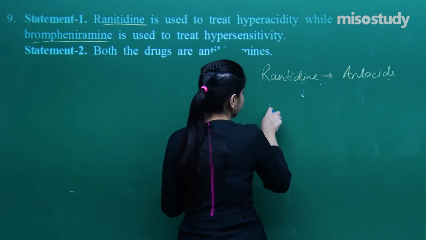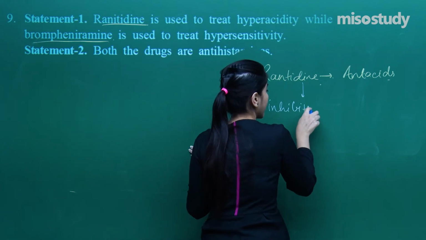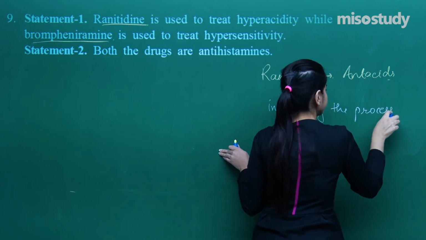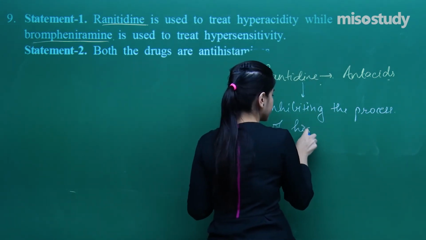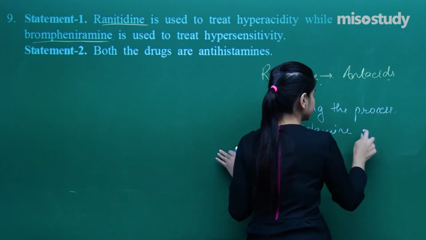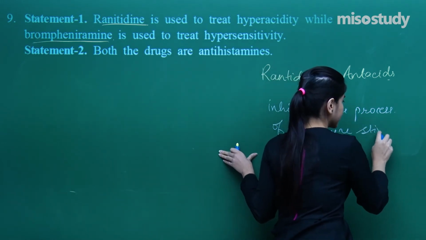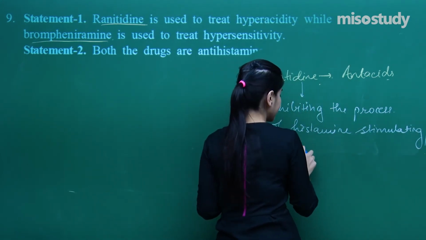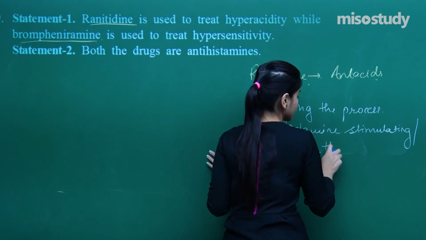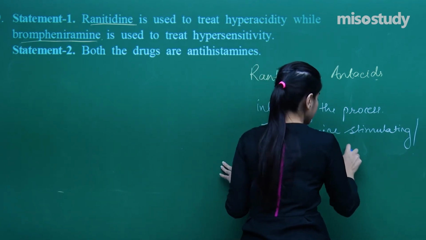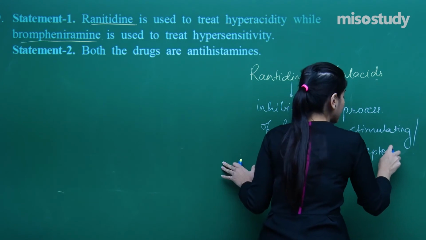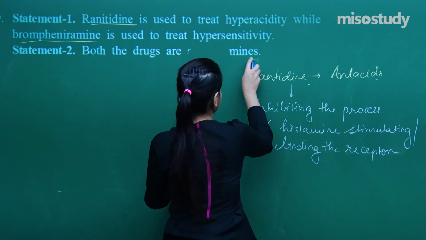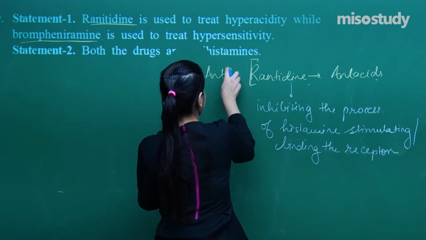So basically it inhibits the process of histamine stimulating, or I can say binding, the receptors. So that is the function of ranitidine. That automatically makes ranitidine not just an antacid but an antihistamine.